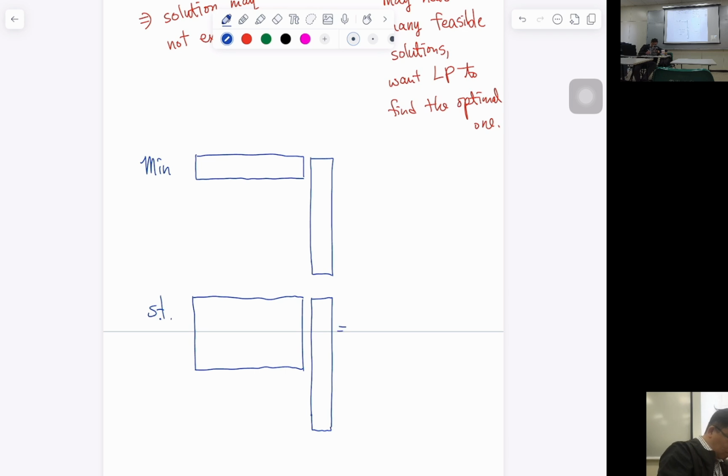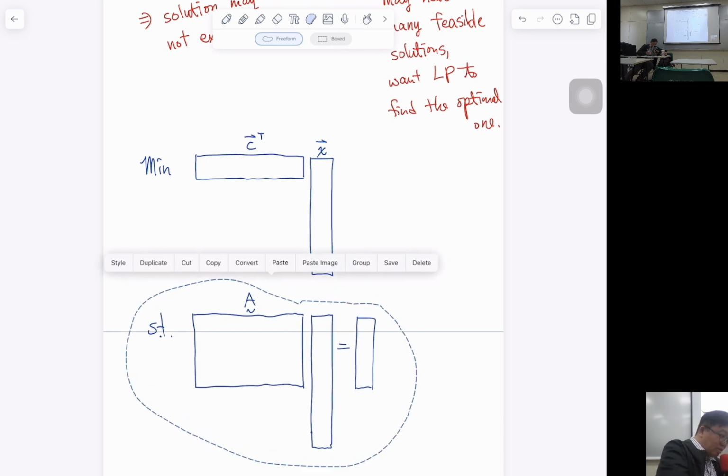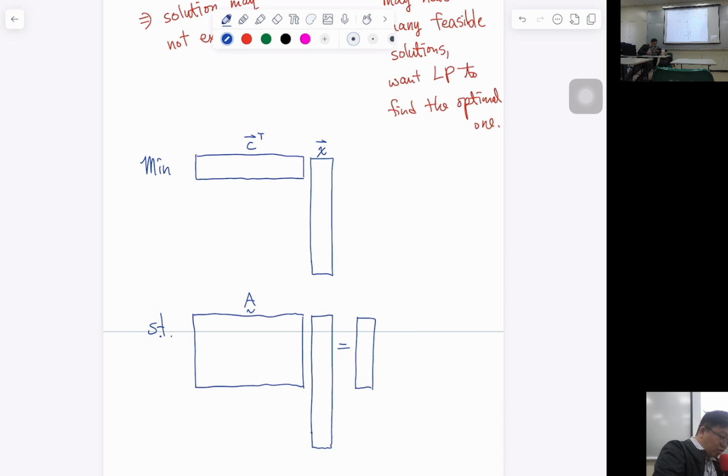I'm trying to draw the vectors and matrices, the size of them, to represent the general problem. So basically, this is c transpose. This is your x, right? And this is your A matrix. And this is your x, and this is your b.